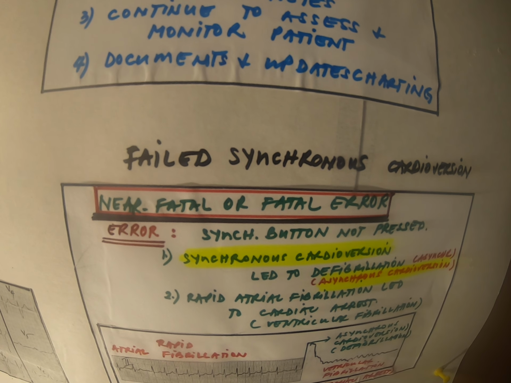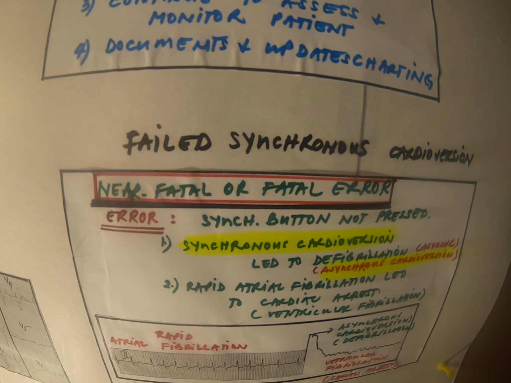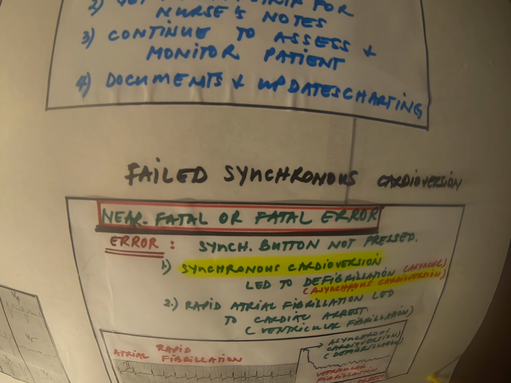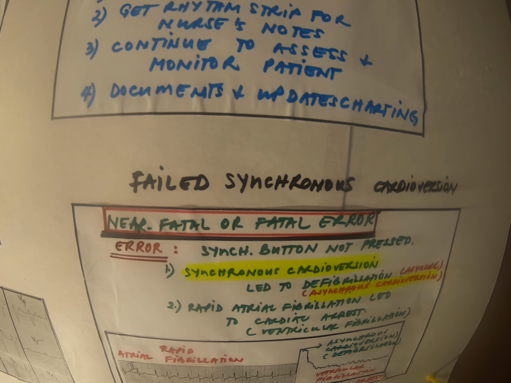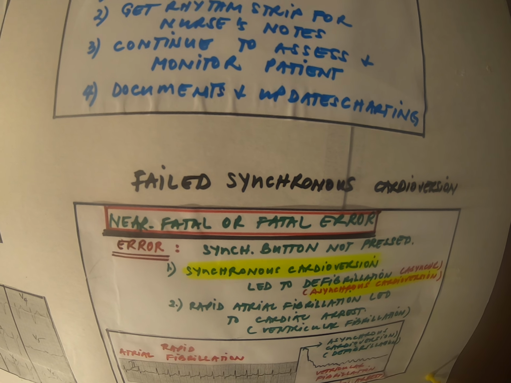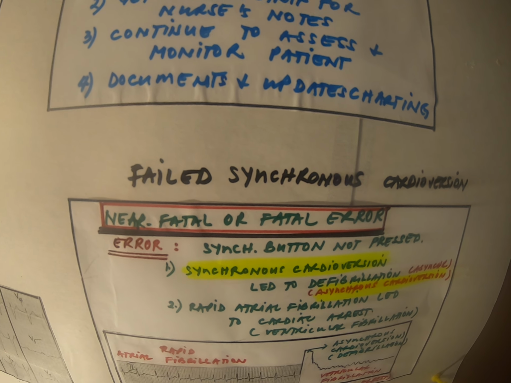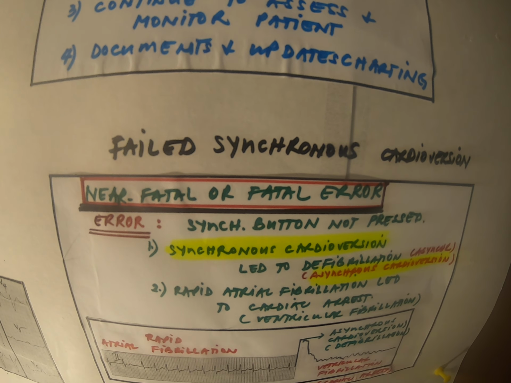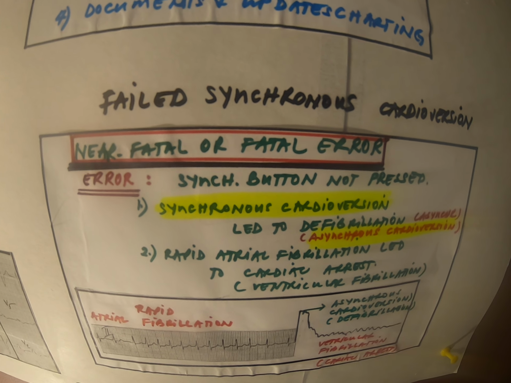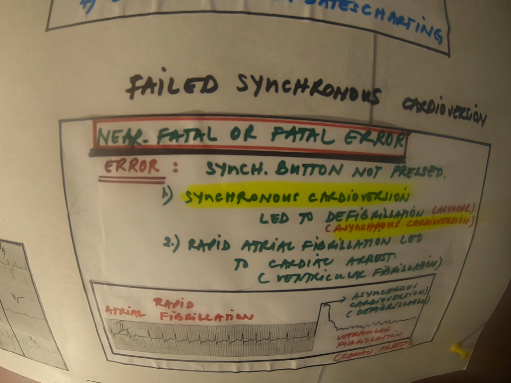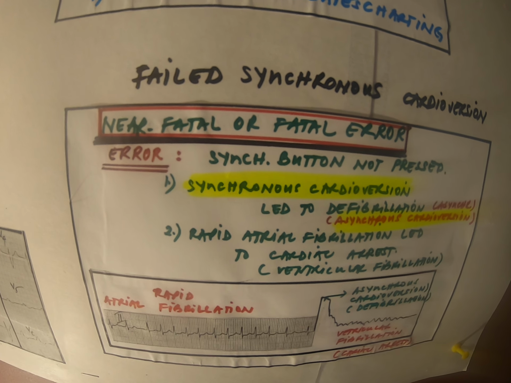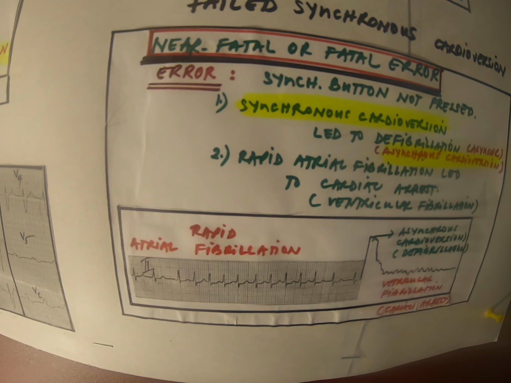The other name for defibrillation is asynchronous cardioversion. The one where we hit the R wave, timed by the machine because of the sensor, is the synchronous. So synchronous is when the patient has a pulse, and it is timed with the R wave. Defibrillation, or asynchronous, is when you just hit that shock button and right away the electricity goes in. So this is what's going to happen.